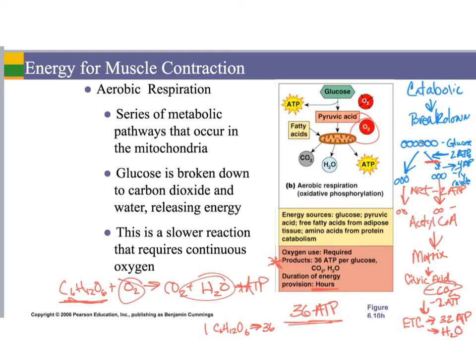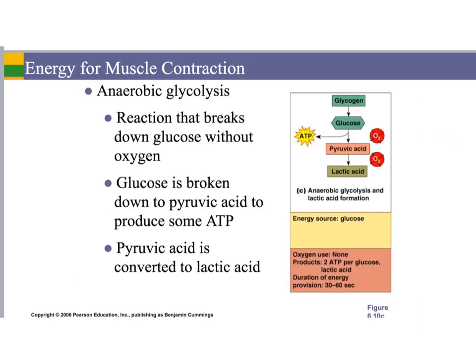And so we're going to look at what happens when we don't have oxygen available. When we don't have oxygen available, we use the anaerobic pathway. And anaerobic means, right, without oxygen.